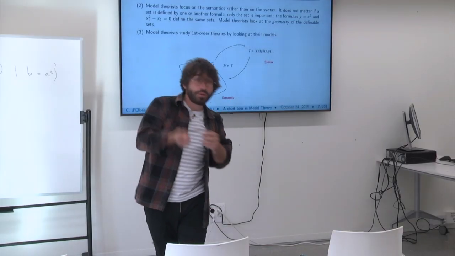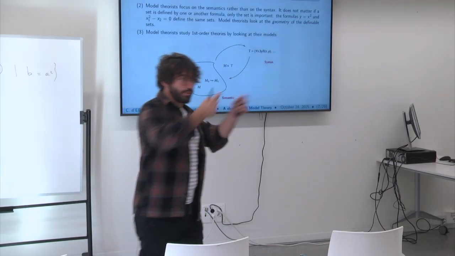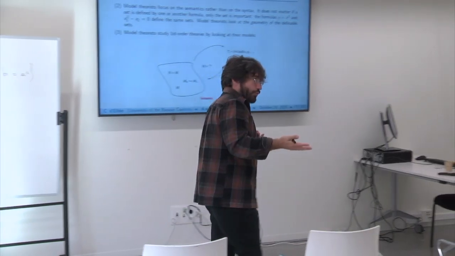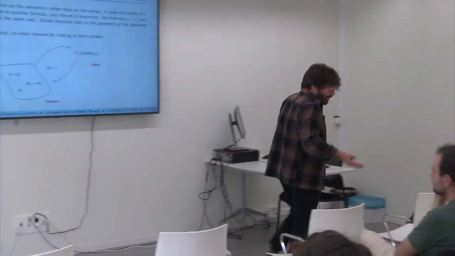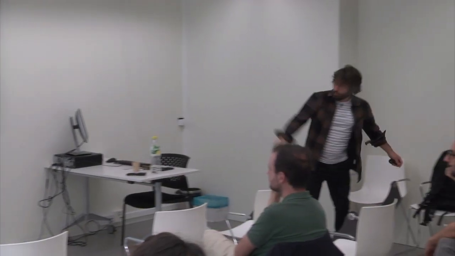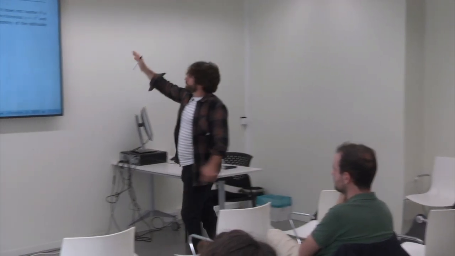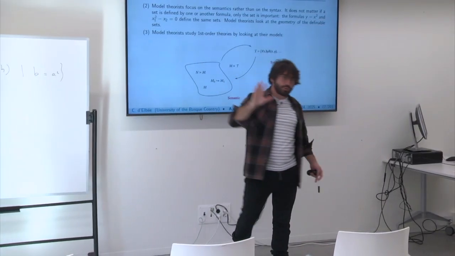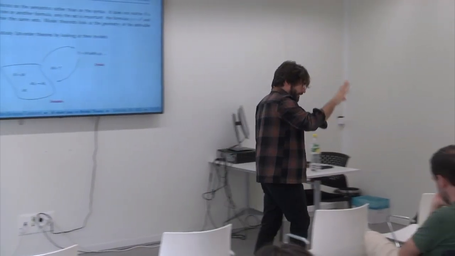I have changed the variables and just put a minus on the side, on the other side of the equal. So those two a priori different formulas define the same set, and for model theorists, it doesn't matter which formula defines the set. The only important thing is that the set is definable, and that's enough.